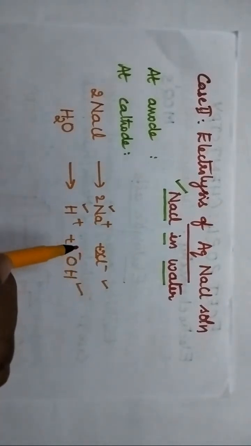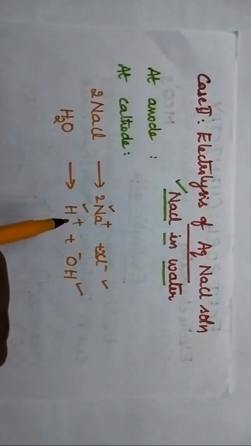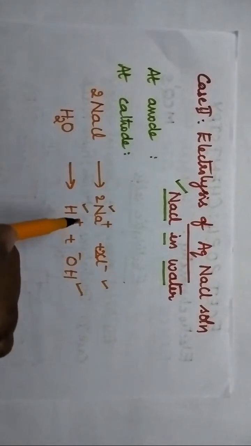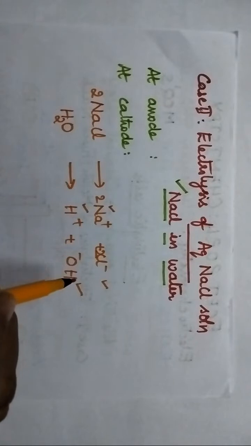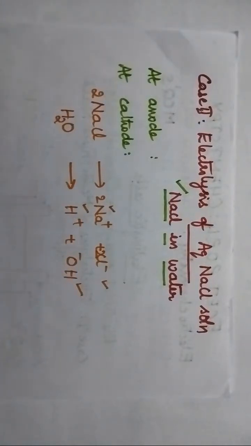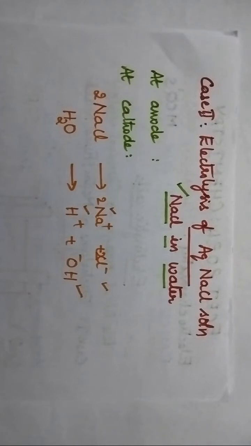Initially we have to identify which cation will be discharged first and which anion will be discharged first. Always remember, during electrolysis, the discharge of cations and anions takes place at the respective electrodes. In order to know which ion will be discharged first, one should follow an important principle.